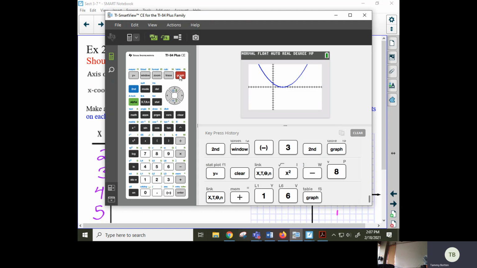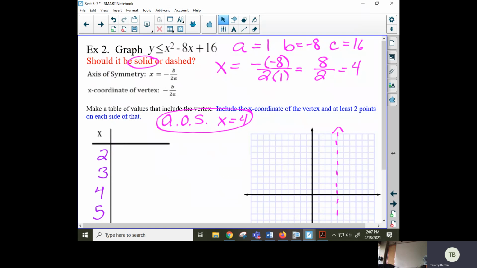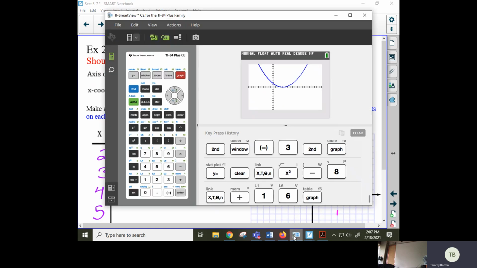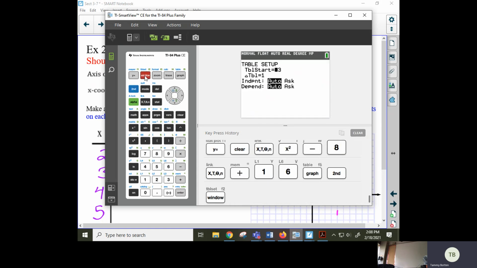And here's what I was saying about the table set. You don't have to change it every time. We want our table to start with 2, and I could certainly switch my table to see that, but I could also just do second window. Oh, that would change it. Ignore that, sorry.